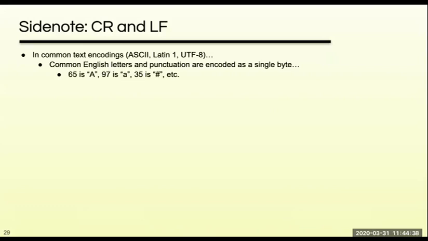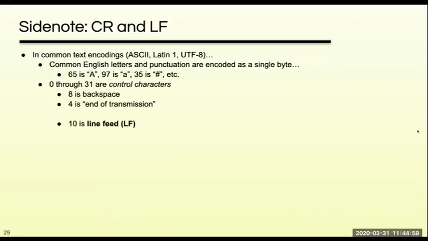In these encodings, common English letters and punctuation are encoded by a single byte. So a byte with a value of 65 is a capital A, 97 is a lowercase a, 35 is the pound sign, and so on and so on. And the lower characters are control characters, like 8 is backspace, 4 is end of transmission, 10 is line feed, or LF, and 13 is carriage return, or CR.